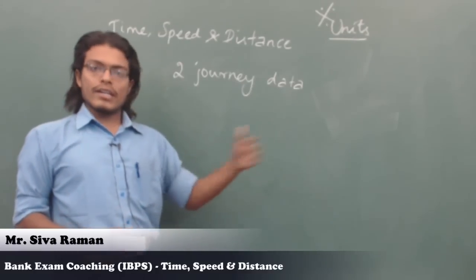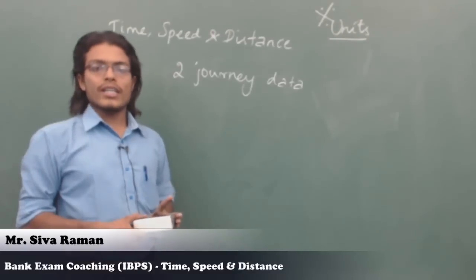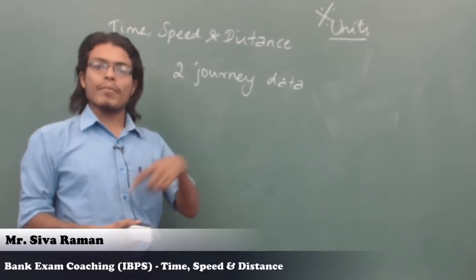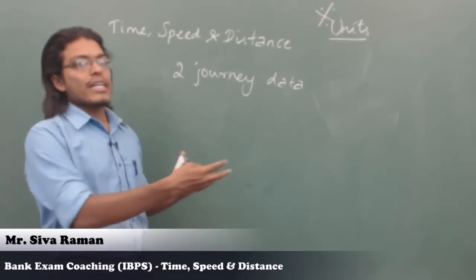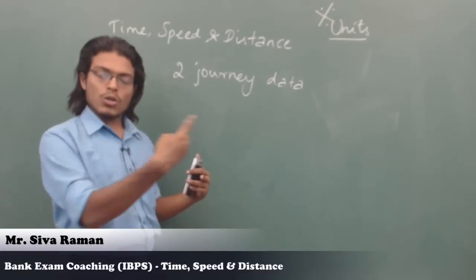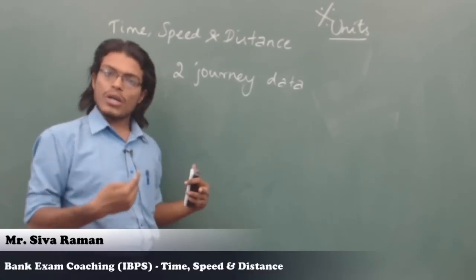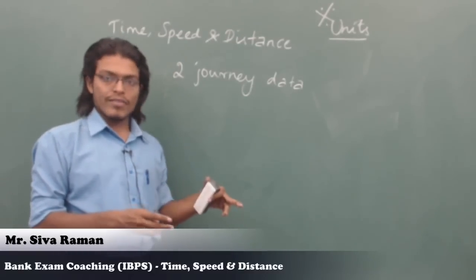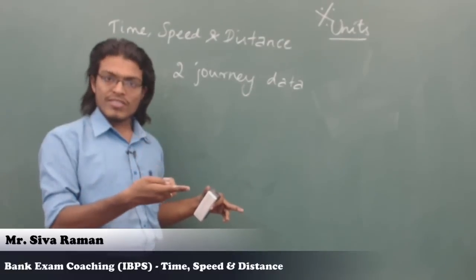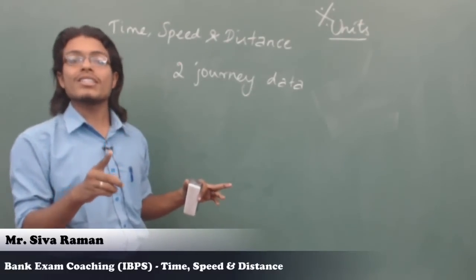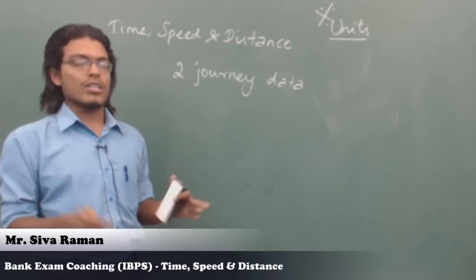In return, you find that your bike has got a problem and you come back by bus. In the two journeys, the time will differ, the speed of the bike and the bus will differ, but what will remain constant? The distance will remain constant.